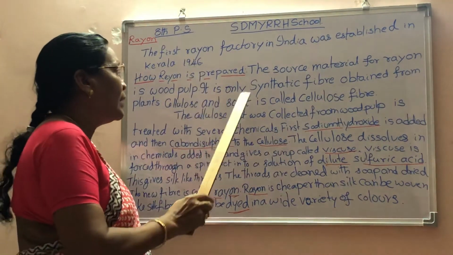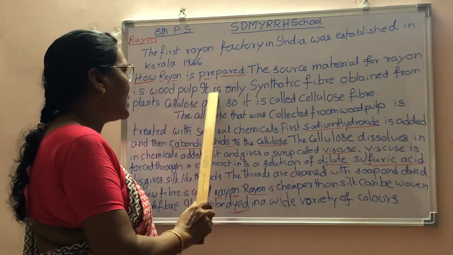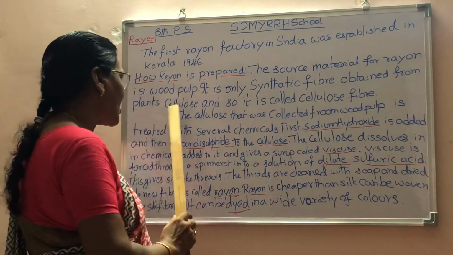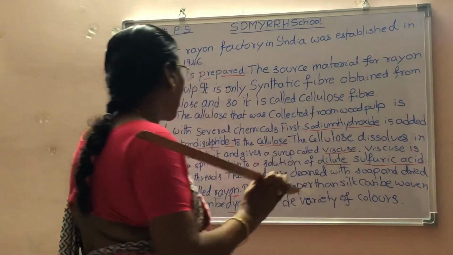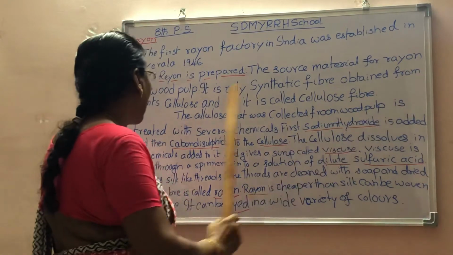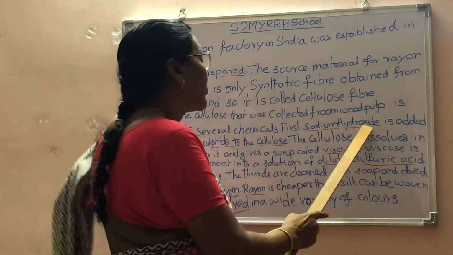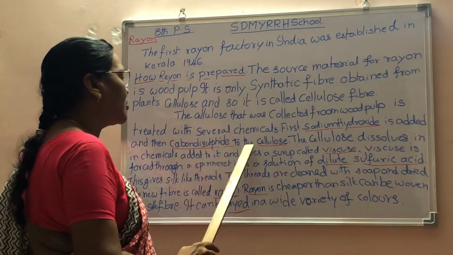Rayon is prepared from a source material of wood pulp. It is a synthetic fiber obtained from plant cellulose, and so it is called cellulose fiber. The cellulose collected from wood pulp is treated with several chemicals. First, sodium hydroxide is added, and then carbon disulfide to the cellulose.